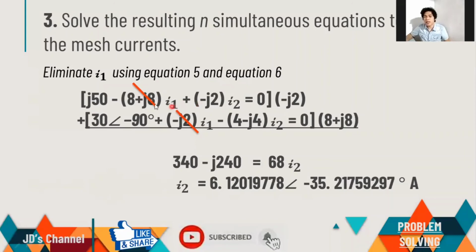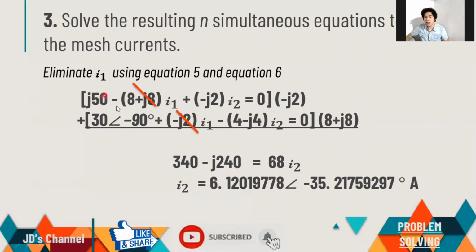I-times lang natin yung ating equation 5 sa negative J2, and then ito namang number 6 natin, times natin ng 8 plus J8. In that way, magsisame ng value and magka-cancel siya. Pag nag-cancel yan, i-add lang natin and then we will get 340 minus J240.